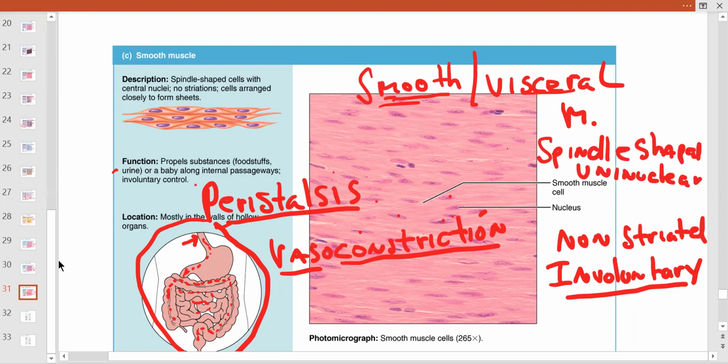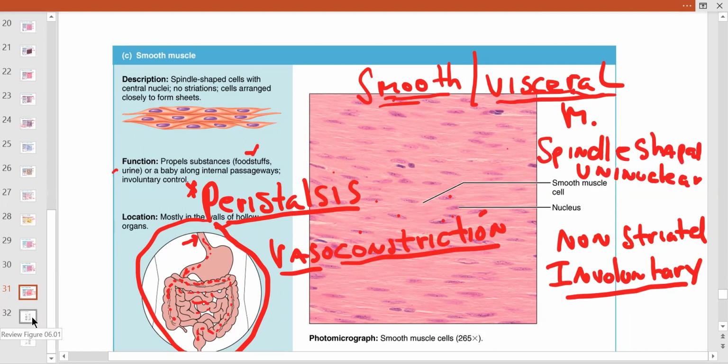But I like this one simpler, I think, to remember: foodstuffs. And it's not only that, it's also the oocyte moving down the fallopian tube through peristalsis. Ejaculation of sperm, peristalsis, anything where there's smooth muscle. Why we call it visceral is because it's part of the blood vessels, it's part of those organs.